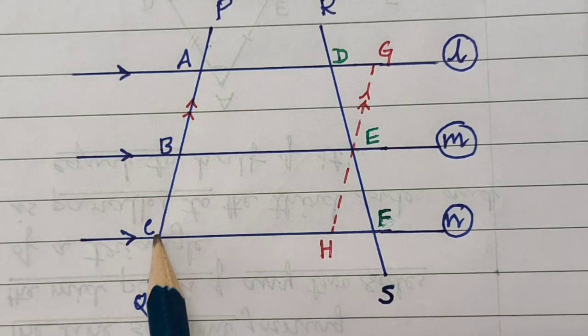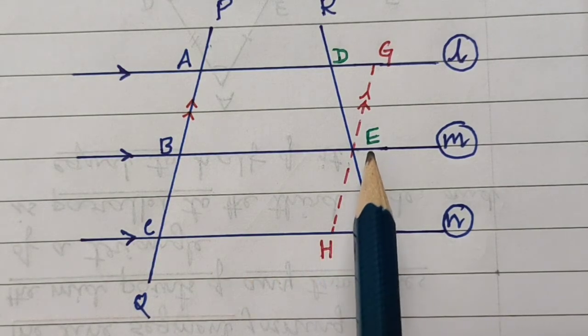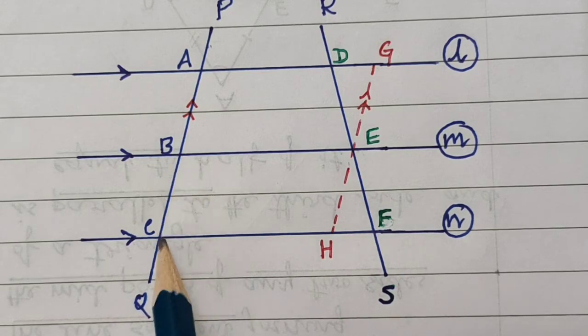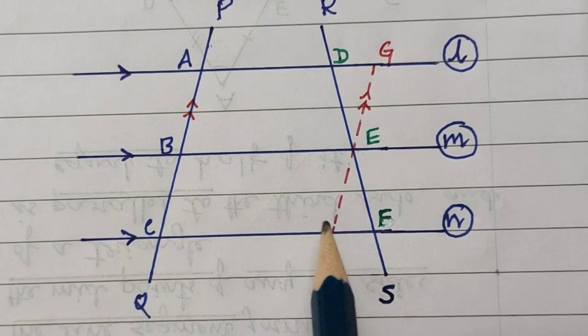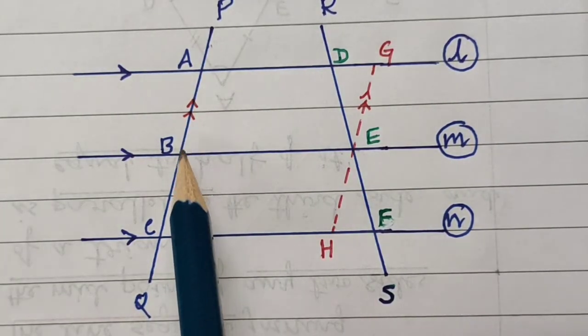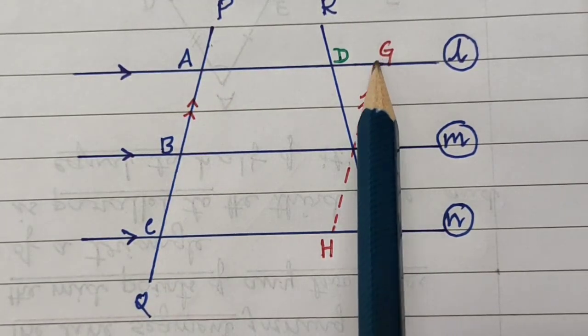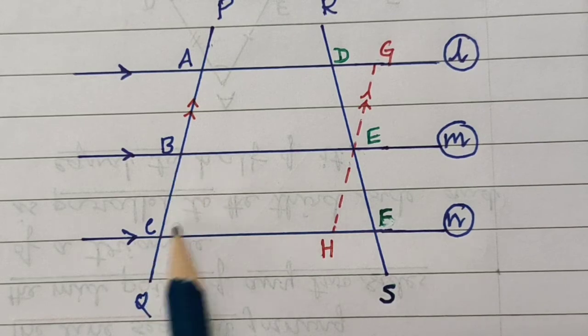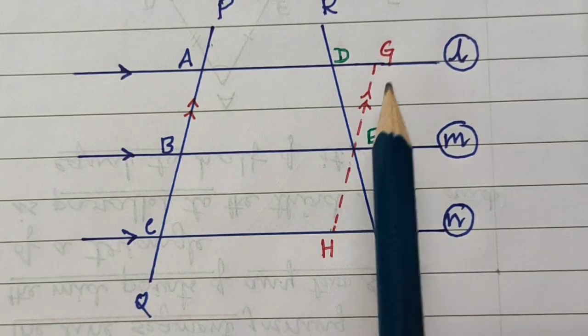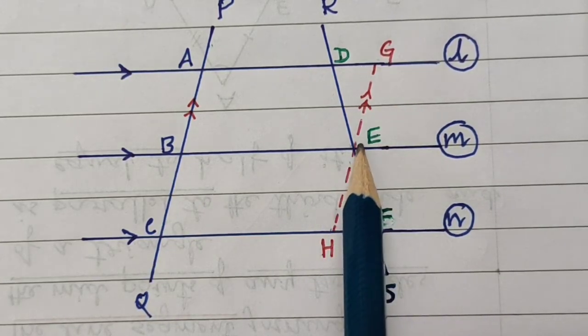Therefore, BCHE is a parallelogram and BC is equal to EH. We know that AB is equal to BC, but AB is equal to GE and BC is equal to EH. Therefore, GE is equal to EH.